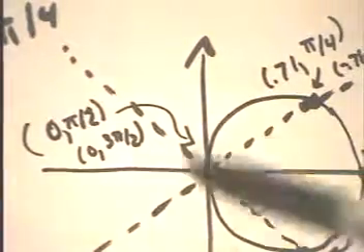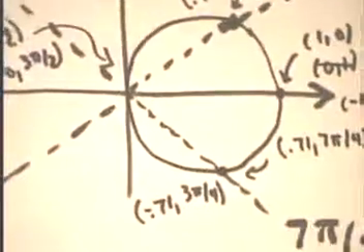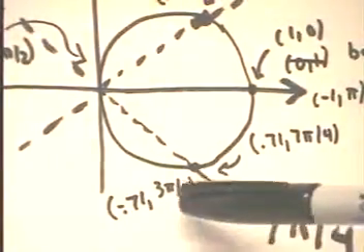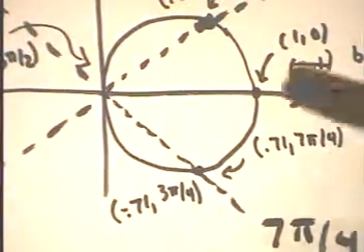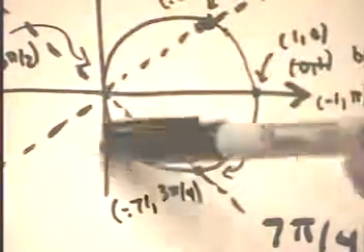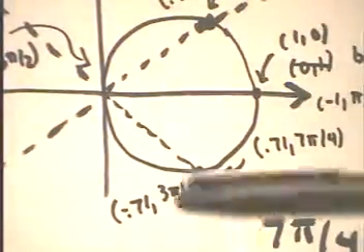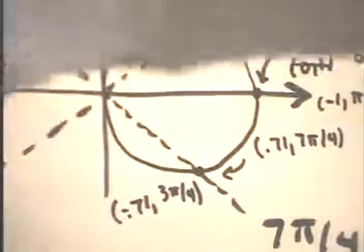And the point here is (0, pi over 2), or (0, 3 pi over 2). And down here, our point is (negative 0.71, 3 pi over 4), (0.71, 7 pi over 4). Okay? Again, we've gone around the circle once for the angles between 0 and pi, and then once again for the angles between pi and 2 pi.